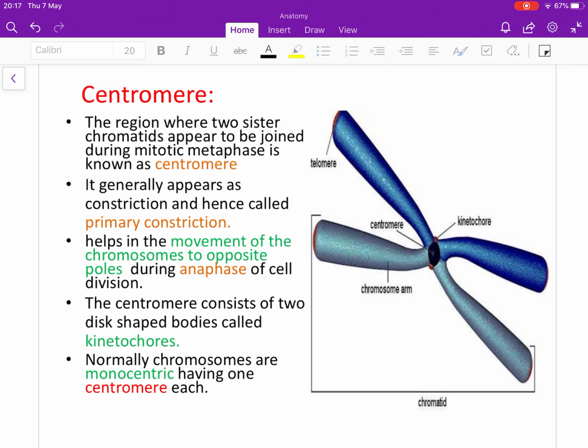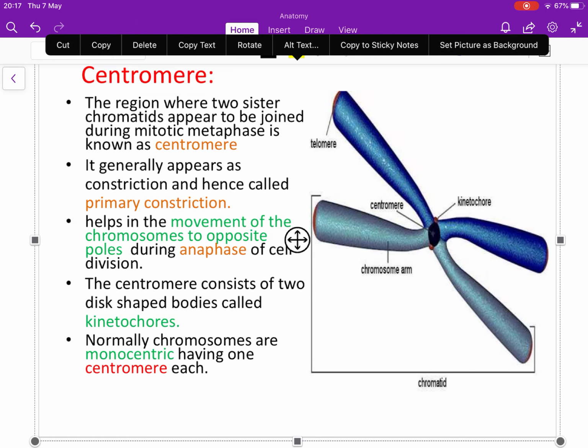These two sister chromatids join together at this point, and this point is known as centromere. This centromere is also known as primary constriction, as it appears as a constriction.